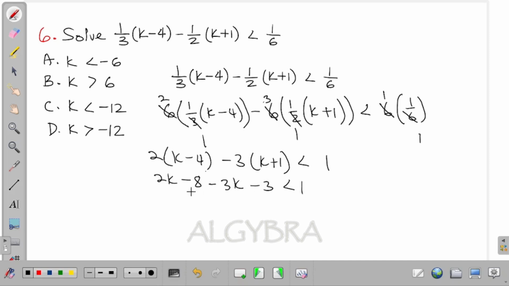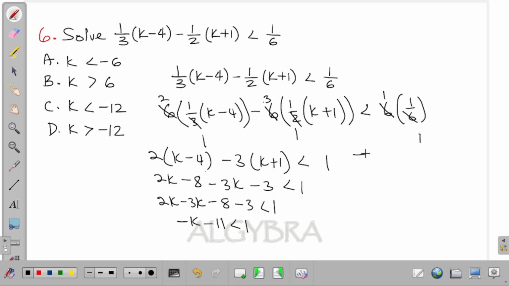If I take the like terms together, it's 2k - 3k - 8 - 3 < 1. So 2k - 3k is -k, and -8 - 3 is -11, less than 1. The next thing is to add 11 to both sides.